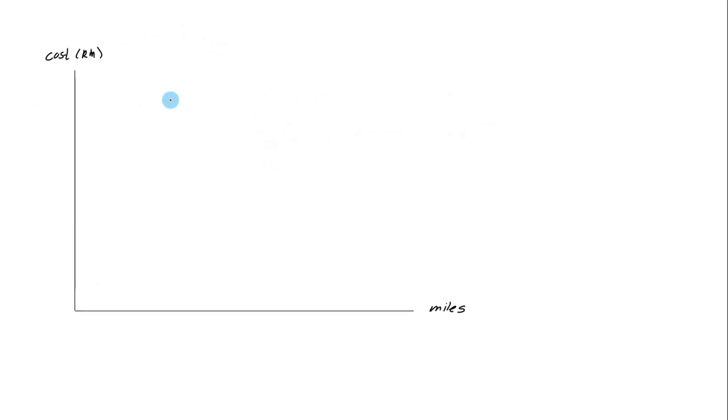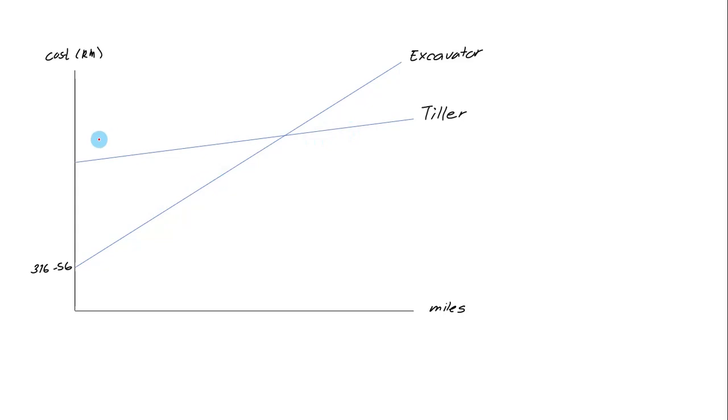Okay, consider that we have the cost against the number of miles. So the first alternative is the excavator. It has a fixed cost of 316.53. Okay, and the second alternative is the tiller with a fixed cost of 21,748.